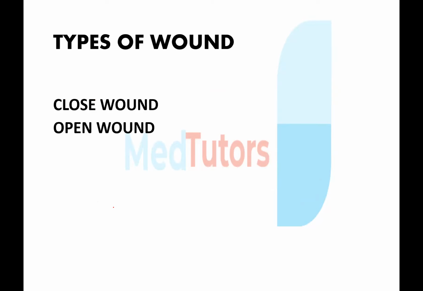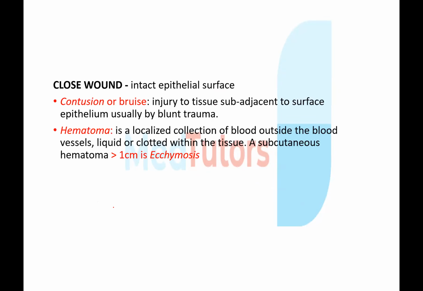Now, there are various ways of classifying wounds. Wounds could be classified as closed wound or open wound. When you say a closed wound, it means there's an intact epithelial surface. Examples of closed wounds are contusion or bruise.